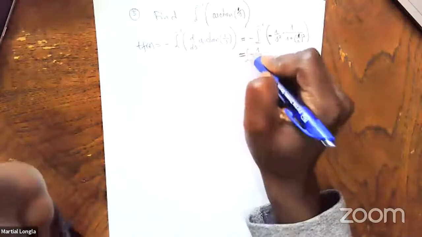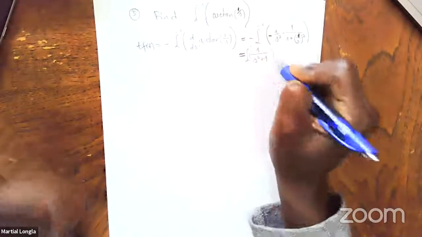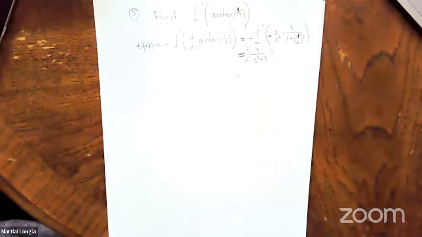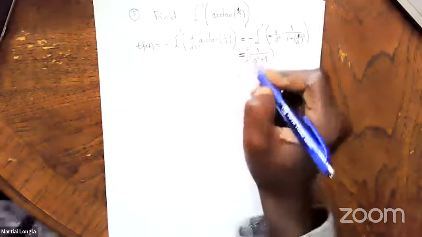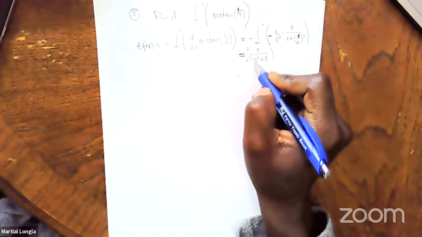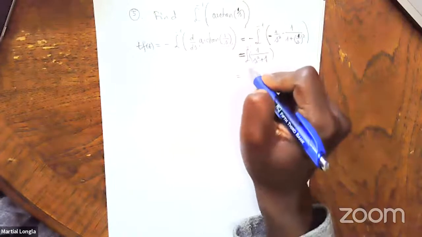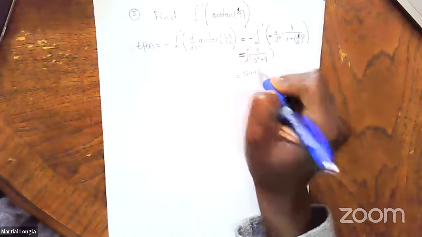And then all you need now is to find the inverse Laplace transform of this. What is it equal to? What's the inverse Laplace transform of 1 over s squared plus 1? Isn't it sine t? That's it.